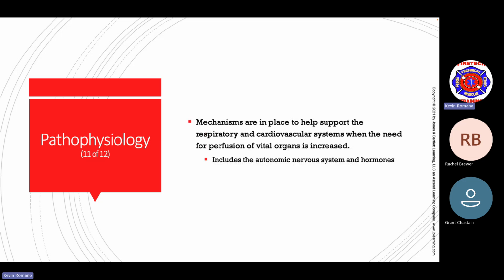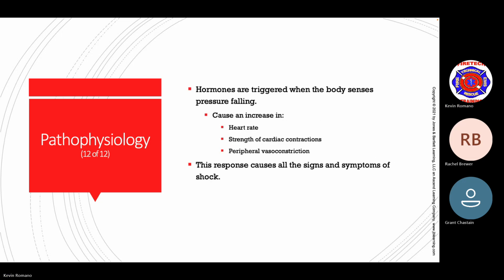The mechanisms are in place to help support the respiratory and cardiovascular system when the need for perfusion of vital organs is increased. This includes the autonomic nervous system and different hormones, right? The sympathetic side of the autonomic nervous system, which is responsible for the fight or flight response, will assume more control of the body's functions during a state of shock, right?